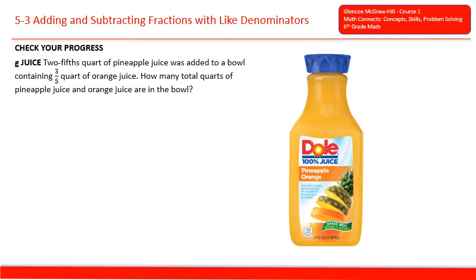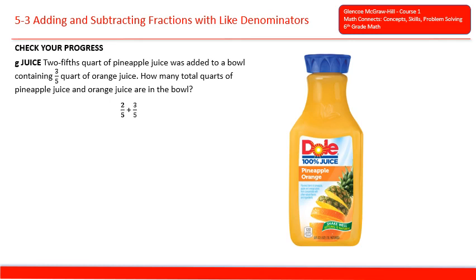Juice. 2/5 quart of pineapple juice was added to a bowl containing 3/5 quart of orange juice. How many total quarts of pineapple juice and orange juice are in the bowl? So the first thing we have to ask ourselves is, what operation do they want us to do? And the key words here are how many total.